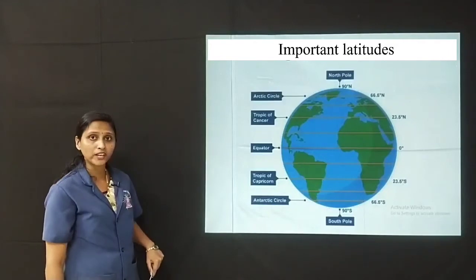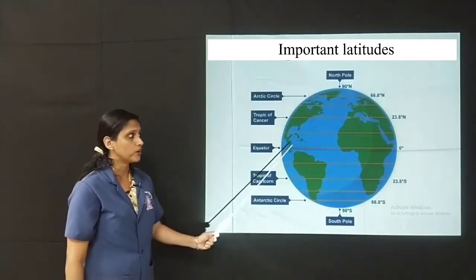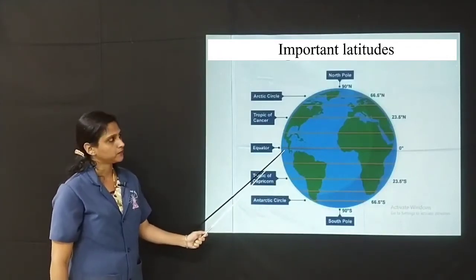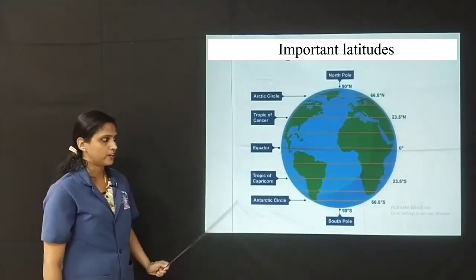And I have told you about equator, that is 0 degree latitude. It is at the center of the earth. These are the main latitudes.